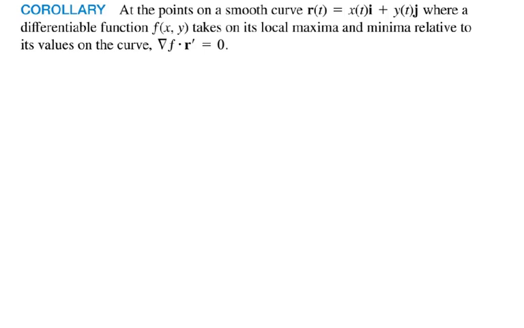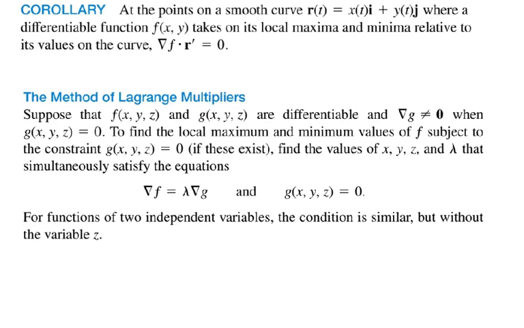Now let's formally define the method for using Lagrange multipliers. Suppose we have a function f and g, both differentiable. The gradient of g is not 0, as long as the function g is organized such that it's equal to 0.